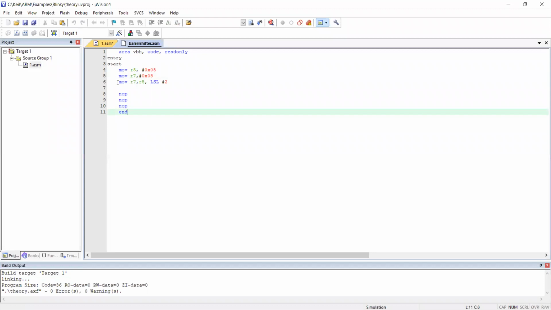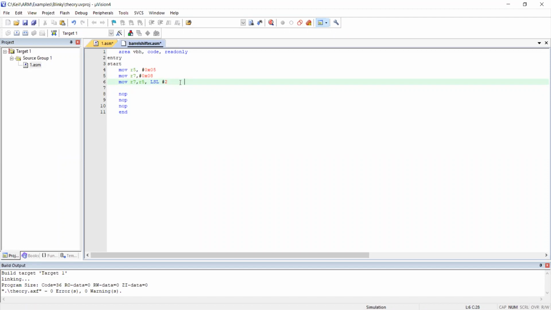Next question. MOV R7. Can you write the equation in the chat box? Make it fast. Equation. So what is RD? RD here. Correct.